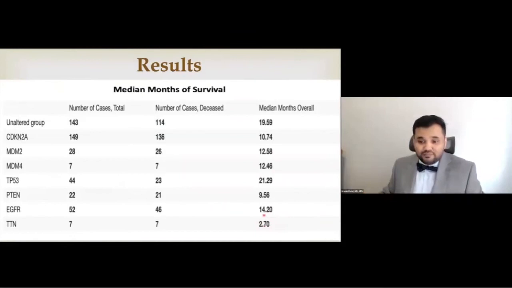That is a very important gene to target if we would like to continue our research. TTN and PTEN have the lowest median survival, 2 months and 9 months. CDKN2A has 10 months of survival. So these are a few genes with very low months of survival.